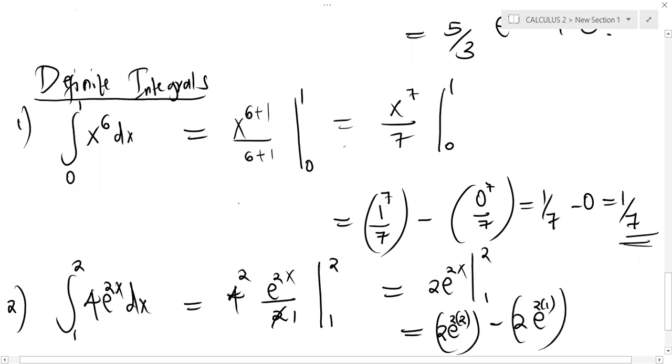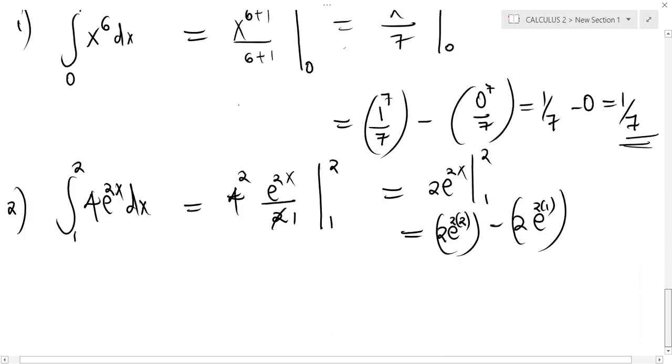That is what is going to give us our answer. We just evaluate this, and this translates to 2 exponential 4 minus 2 exponential 2, and this is equal to 94.42.